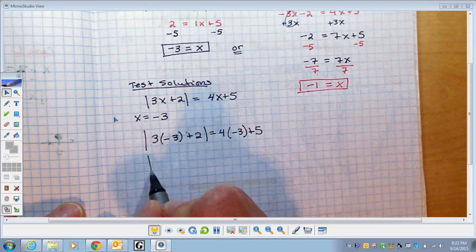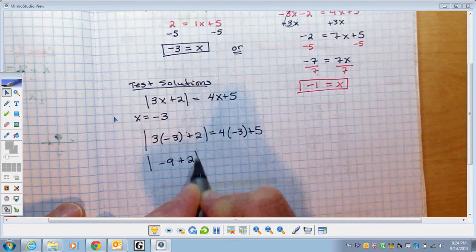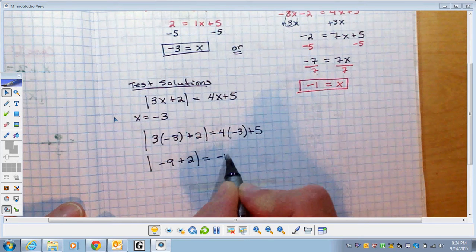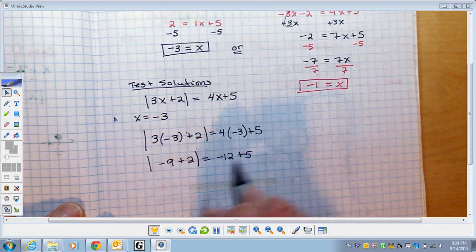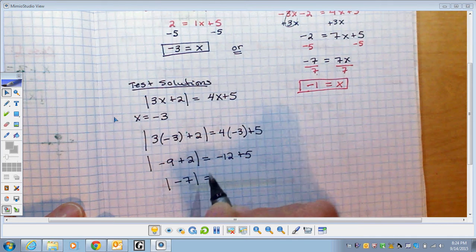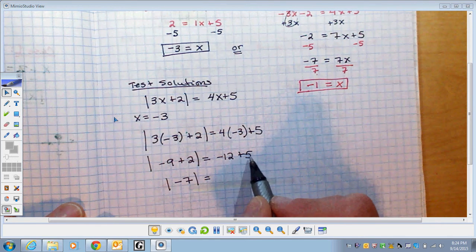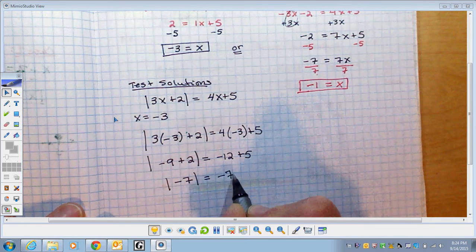So that gives me absolute value of -9 plus 2 should be equal to, well, that's going to be -12 plus 5. So this gives me the absolute value of -7 should equal, well, -12 plus 5 is -7.